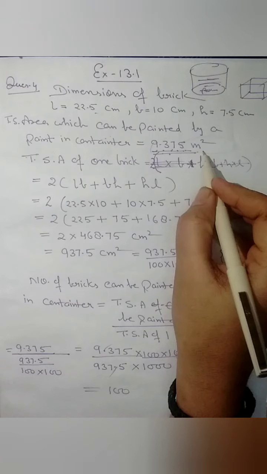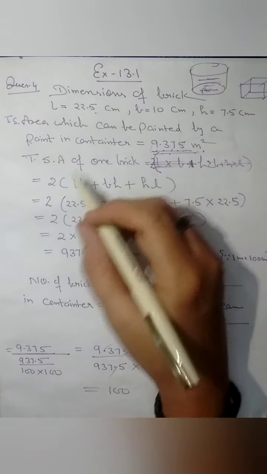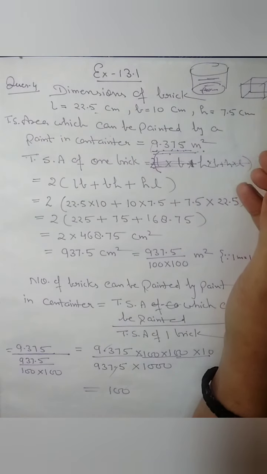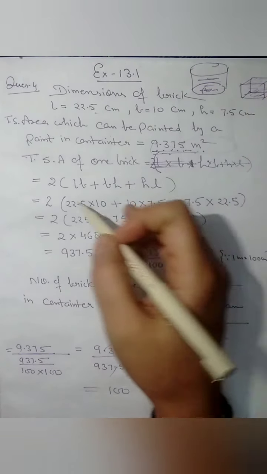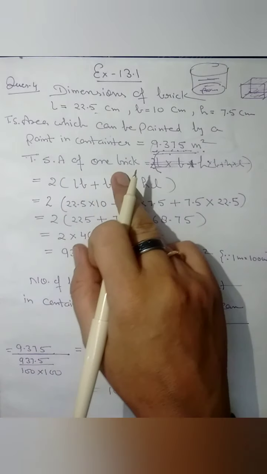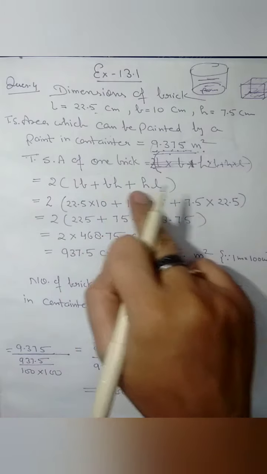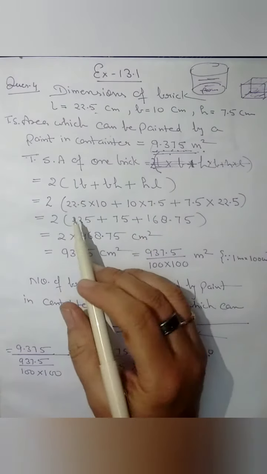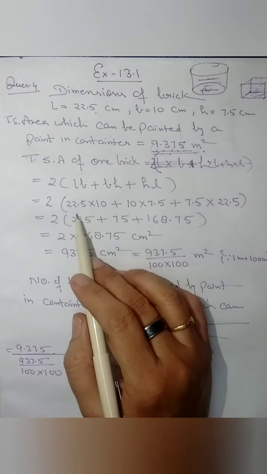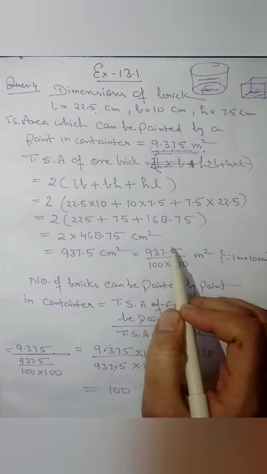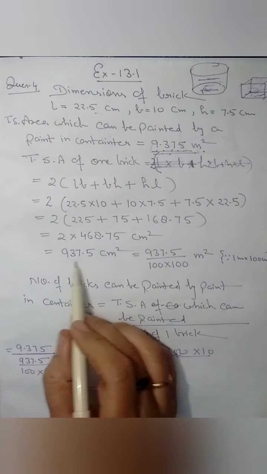So we have to find number of bricks to be painted. Firstly, we'll find total surface area of brick. The formula for total surface area of brick is 2(LB plus BH plus HL). Put the values of L, B and H.